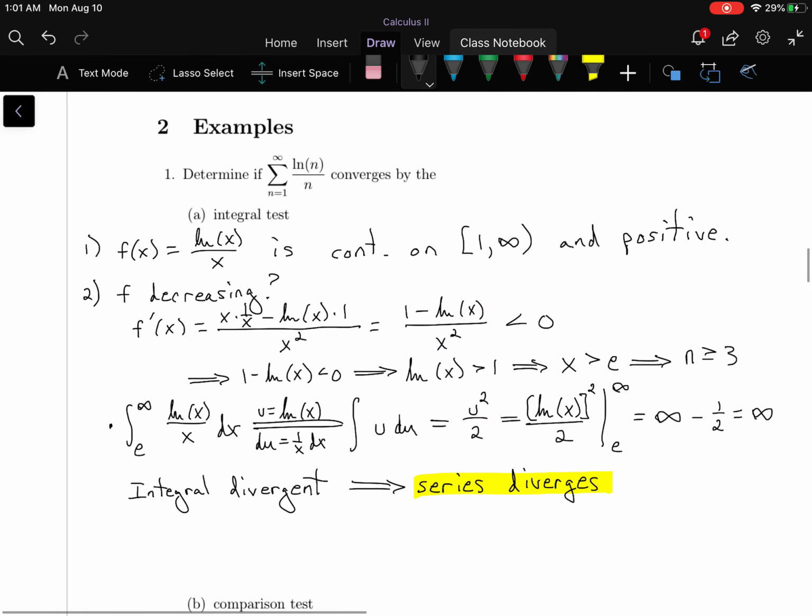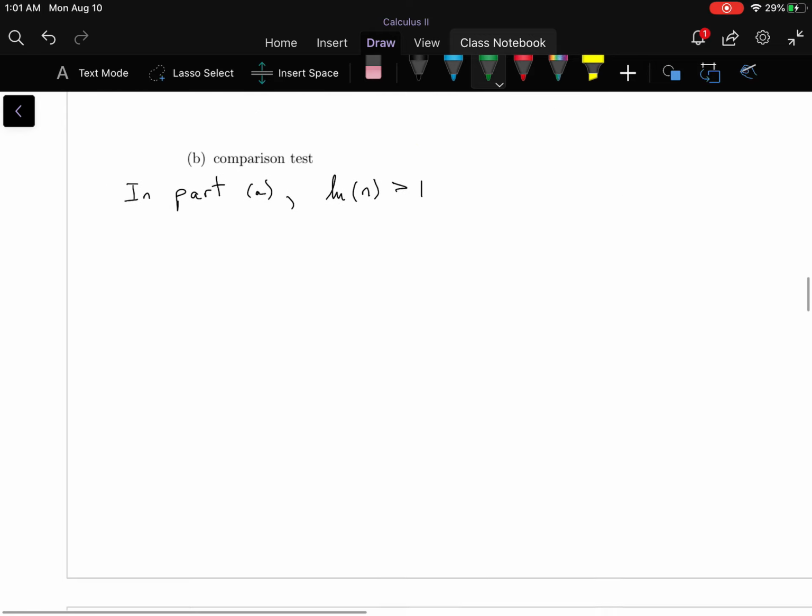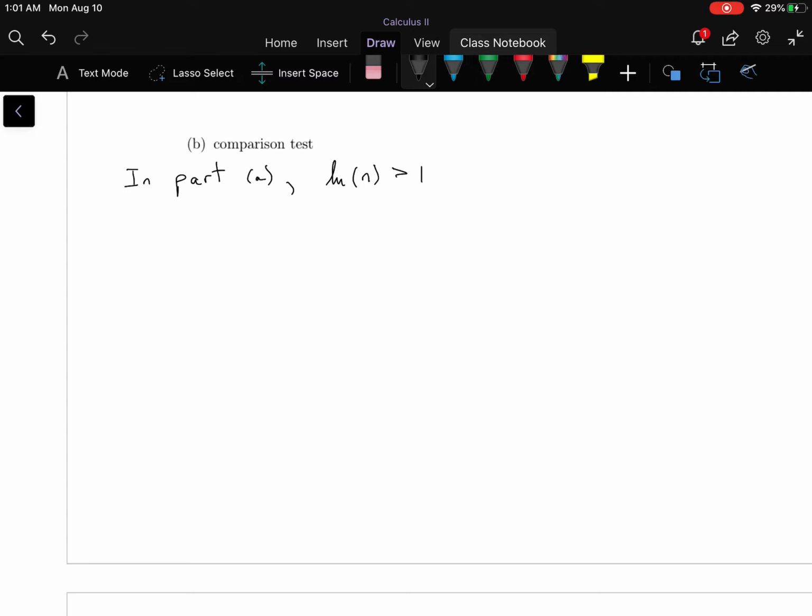I just replaced x with n here. I'm looking right at this step in the middle, and we know that has to hold for n. So natural log of n must be greater than 1. And if you divide by n, that means that the natural log of n over n must be greater than 1 over n.